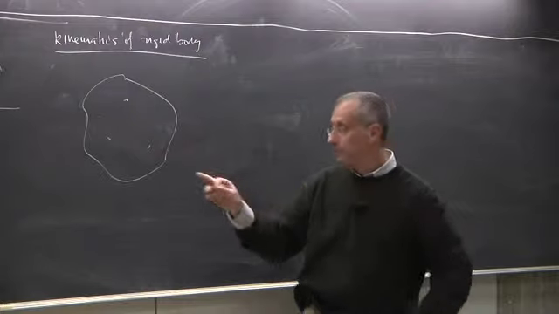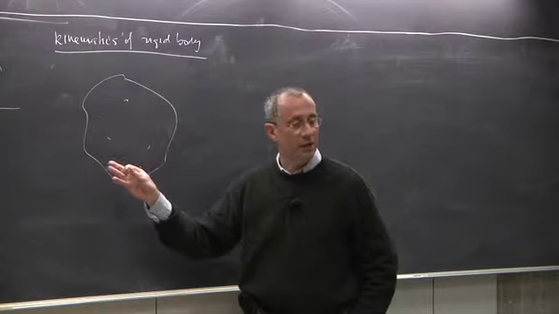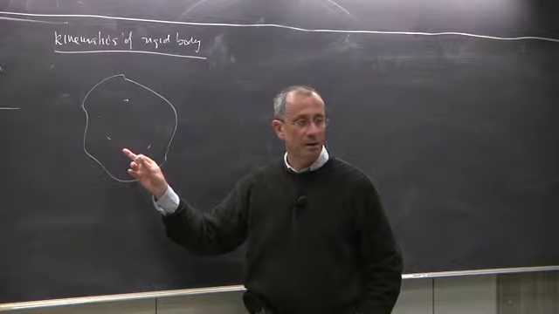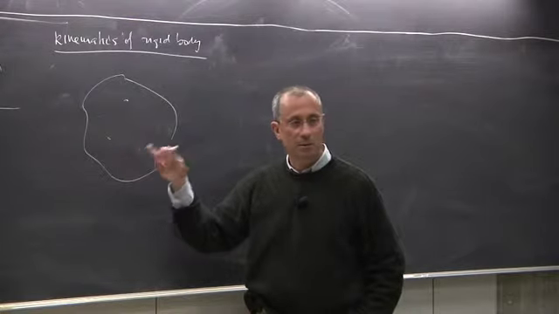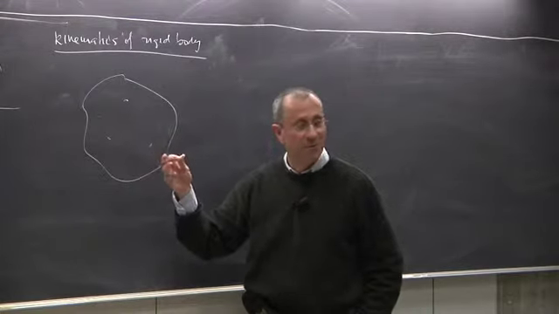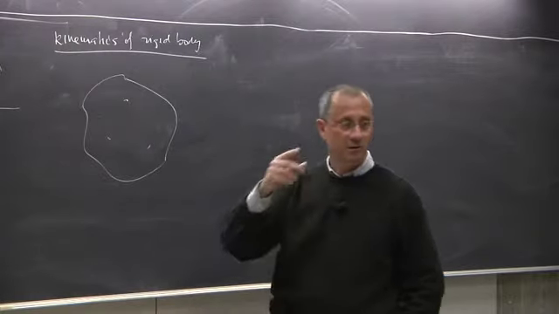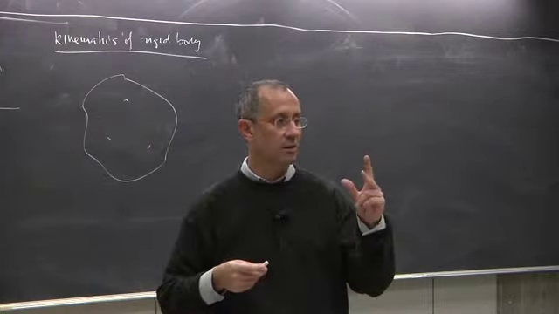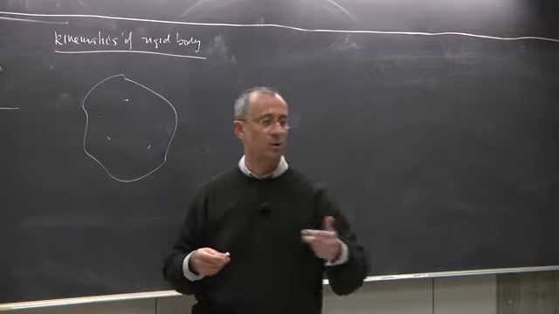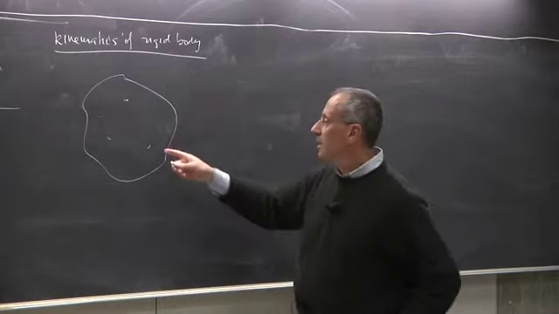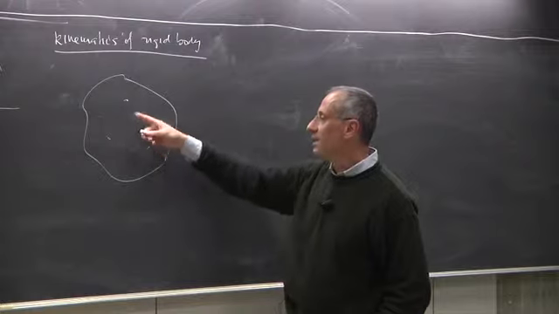Okay? So 3 points, how many degrees of freedom? 9, right? It's 3 times the number. Each point 3. You have 3 points, 3 by 3. But so why did I say 6?